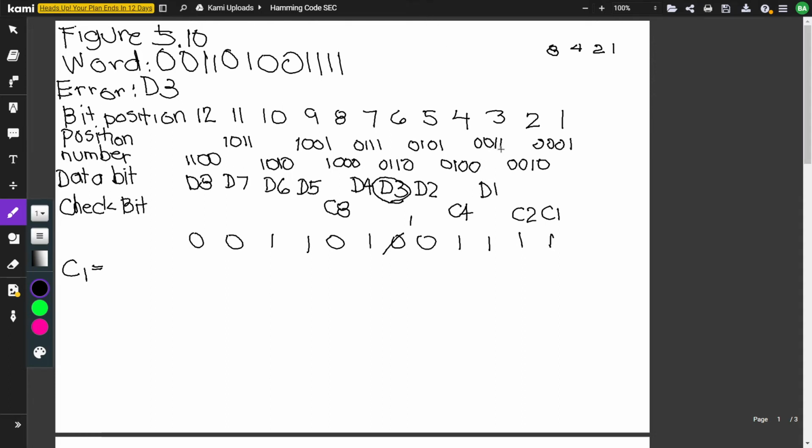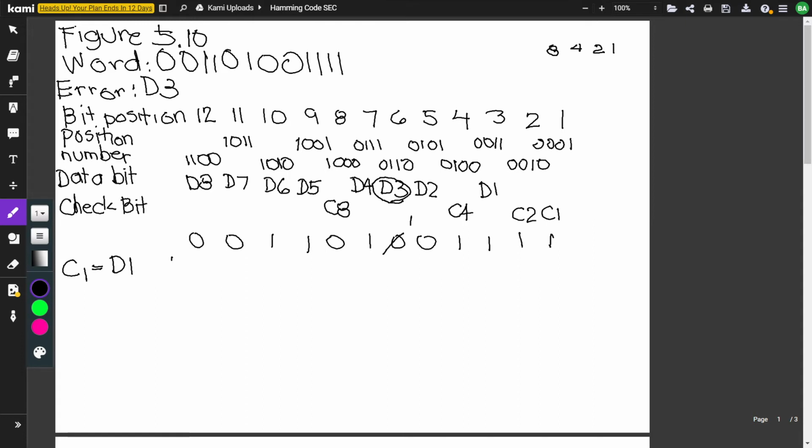Which of the data bits here has a value 1 in the position number? First we have 0011. There's a 1 here at the rightmost, so it should be included. So from C1, we have D1. Does it also have a 1 here? Of course, so we include D2.